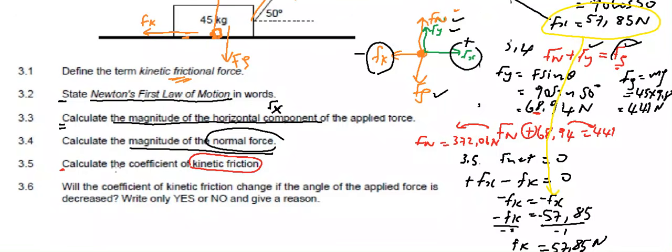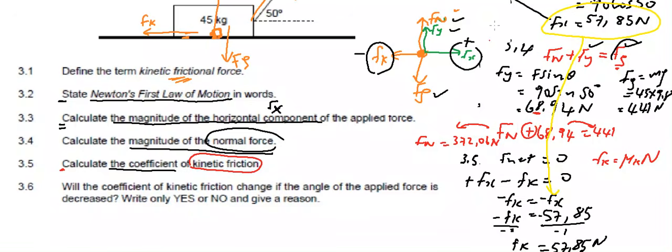The question says calculate the coefficient of kinetic friction. Now that we have calculated Fk, we can go straight to the formula. The formula says Fk is equal to the coefficient of kinetic friction times the normal force.